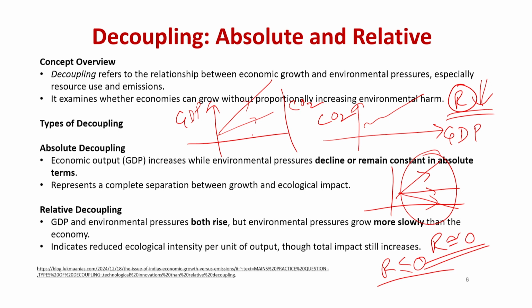So in a way the two things get decoupled. The correlation still is there, but the correlation coefficient is much lower. It's a kind of partial coupling, where both rise but the second rises more slowly. It indicates that carbon dioxide will continue to increase, but much more slowly compared to the business as usual scenario. So these are the two models which are talked about.